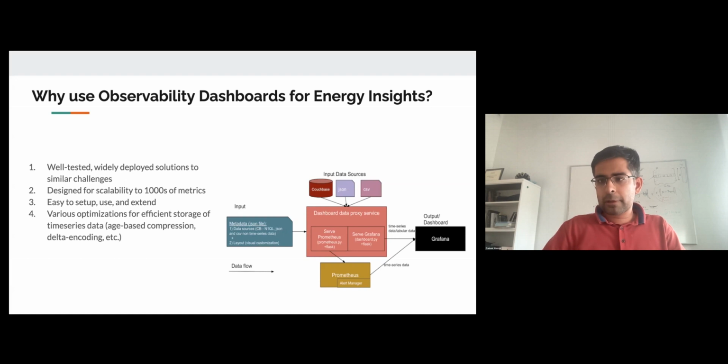The figure on the right shows the typical architecture of these observability dashboards. They can take a large number of input streams, either as real-time streams, CSV files, or simple network sockets. Then they store them, typically in something like a round robin database for space efficient storage, and then they can display that.